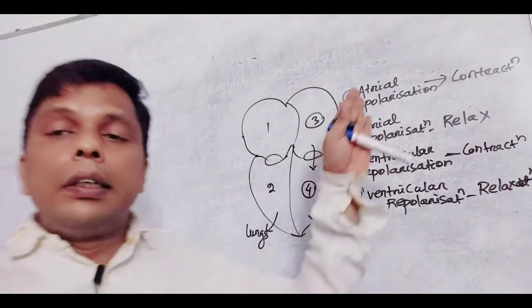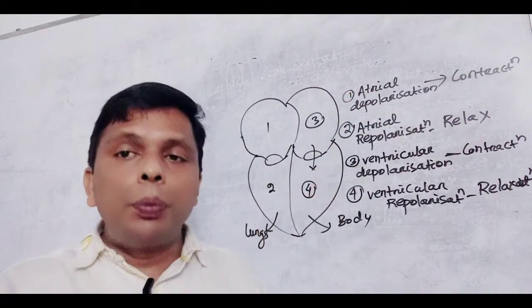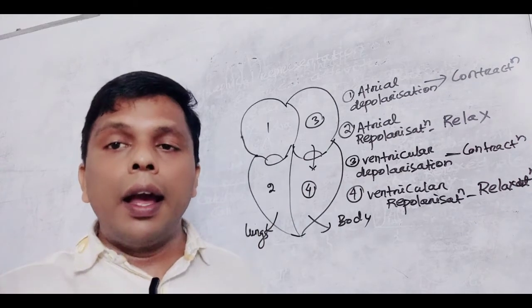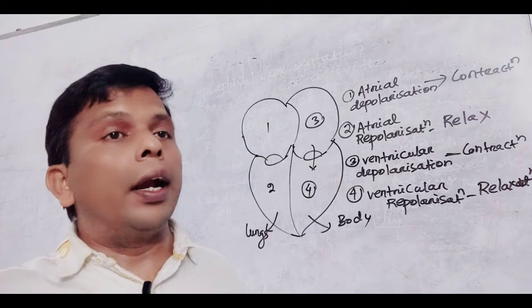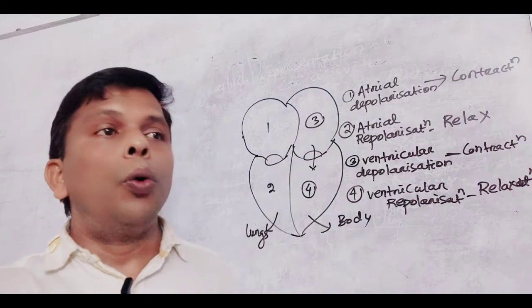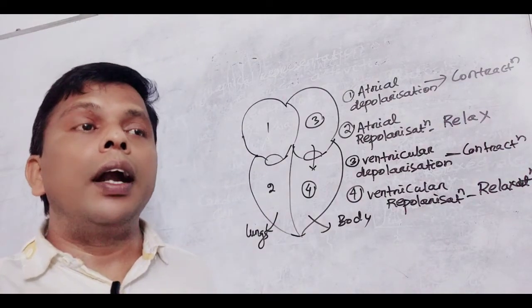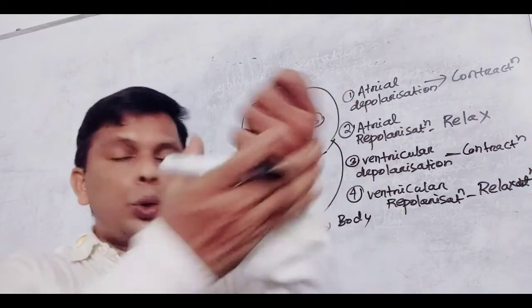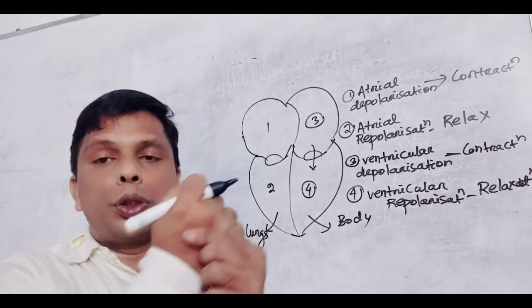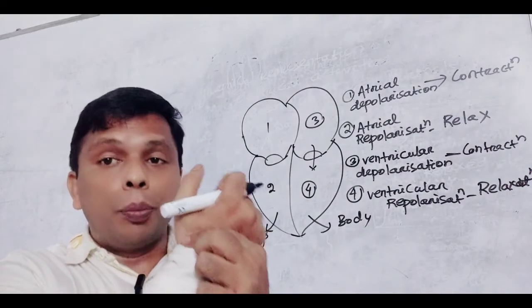So these are the 4 types of cardiac activities which are converted into electrical events. We have to measure these electrical events from the body. Suppose we are touching this portion of the body.